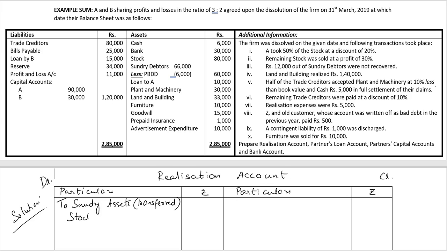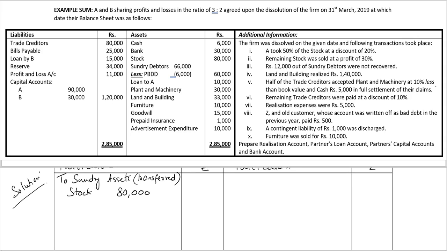Stock, 80,000 rupees. Debtors, 66,000 rupees. Plant and machinery, 30,000 rupees.